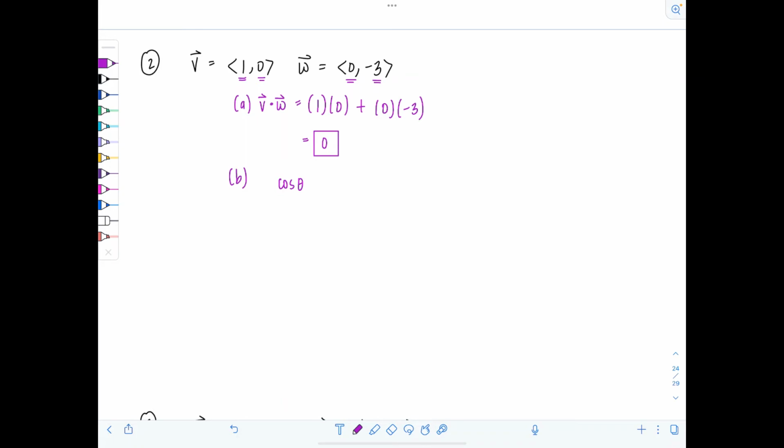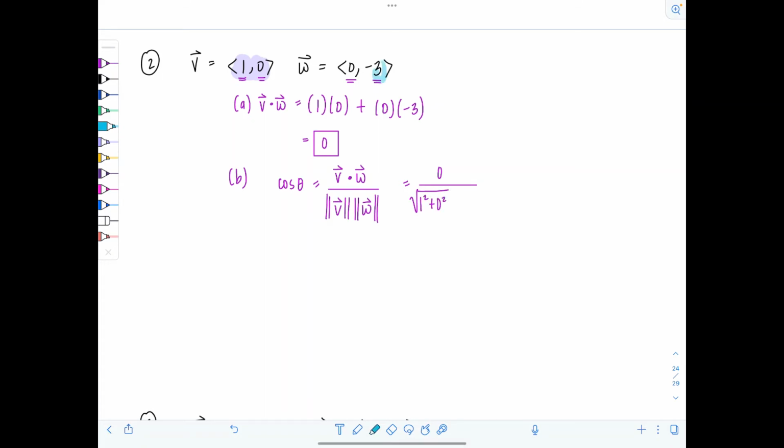So cosine of theta, remember, is V dotted with W over magnitude of V times magnitude of W. We already know the dot product is 0, so we got 0 in the numerator. Magnitude of V is just going to be 1, right? Because you have the square root of 1 squared plus 0 squared.